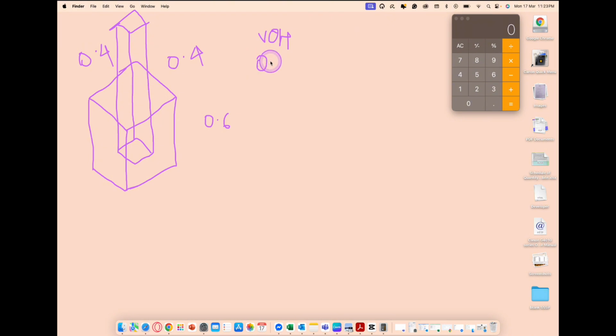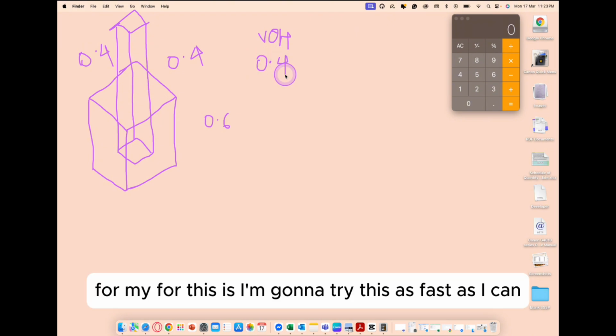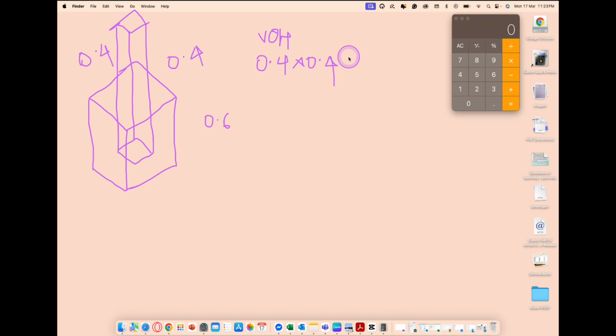And our formula for this is, I'm going to try to do this as fast as I can. 0.4 times 0.4 times 0.6 equals, cool.